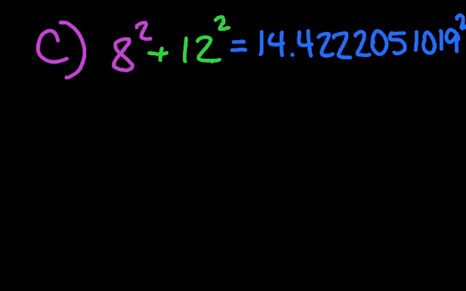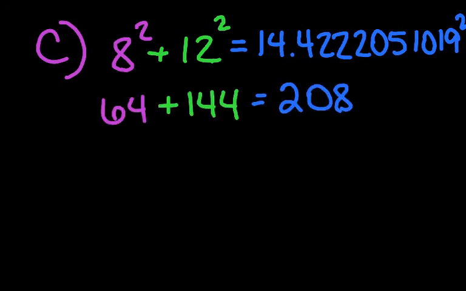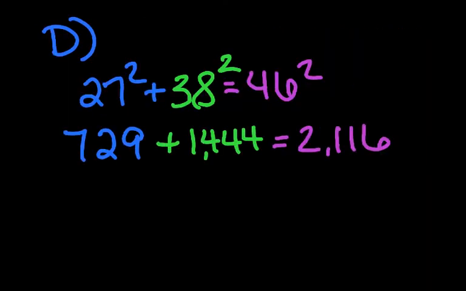It actually comes out to a really big number as a decimal, so you may have wanted just to keep it as a square root of 208, but either way. All right, go ahead and multiply 8 times 8, 12 times 12, and then that big old number times itself, which is going to give you 208, or at least it should. Okay, so you should get 208, or more specifically the square root of 208, because it's irrational, which means it's going to go on forever and ever.